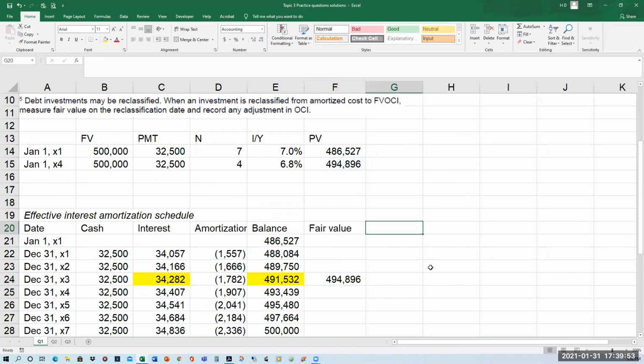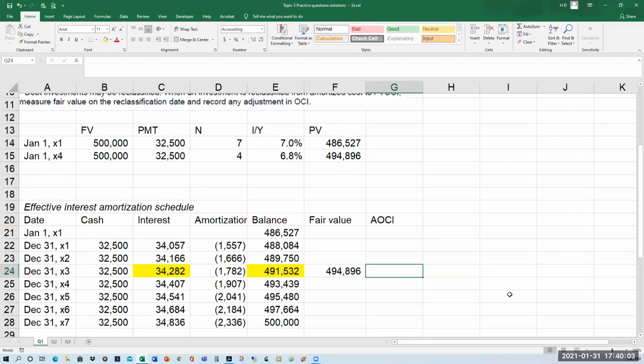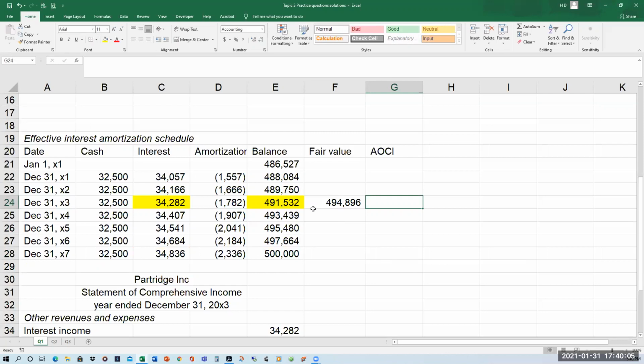So something to keep in mind with bonds and bond investment is that the difference between the fair value and what the balance would be under the original effective interest amortization is computed as other comprehensive income.